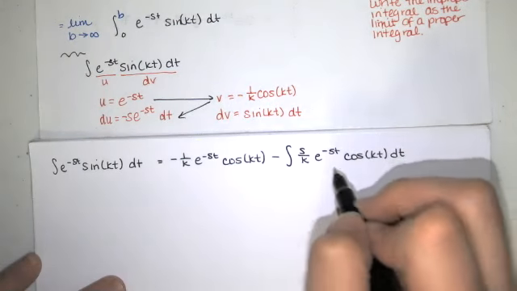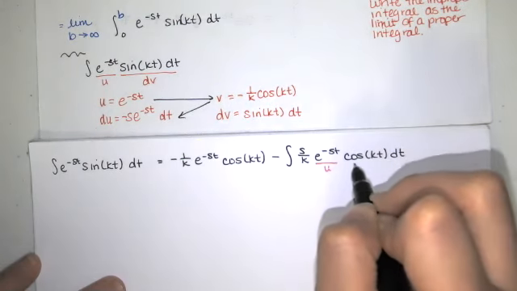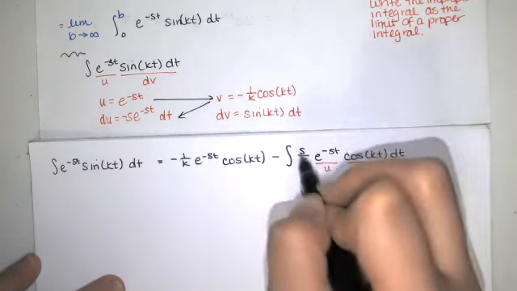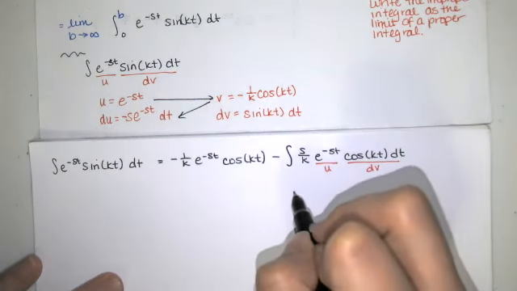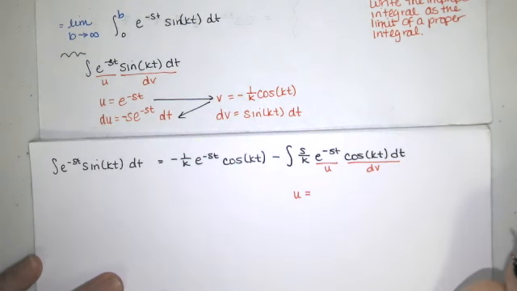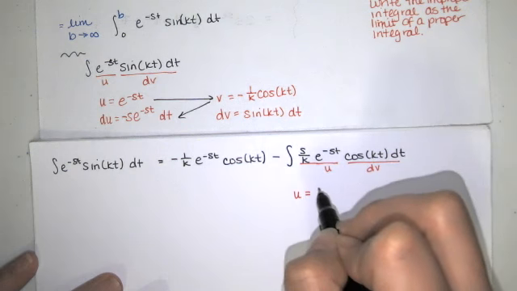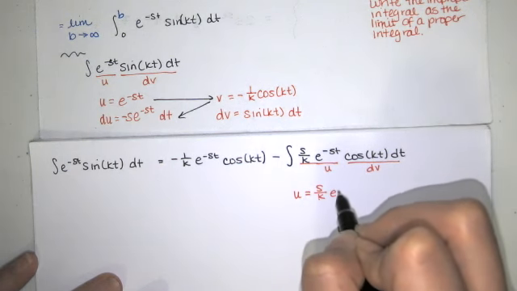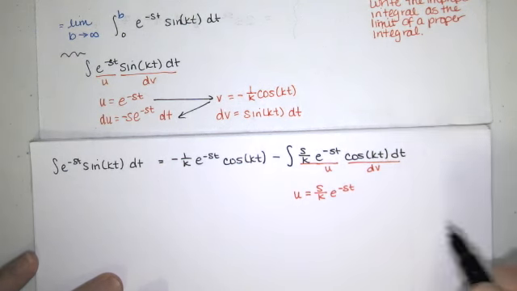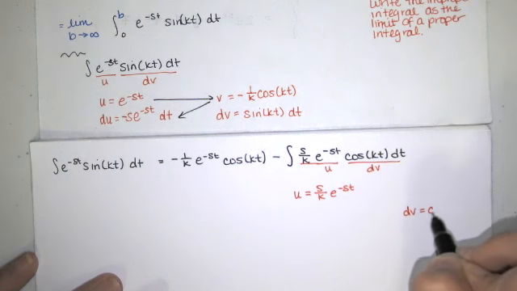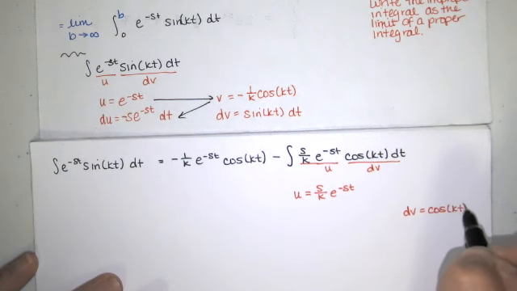Now, if I look at this as my u and all of this is my dv, and then I factor out that s over k, we can do this again. Actually, I think I'll let that all be my u this time. So we'll say u is s over k times this exponential, and dv is cosine of kt dt.